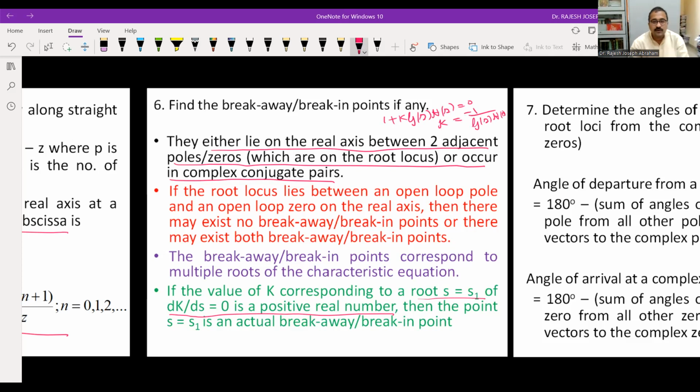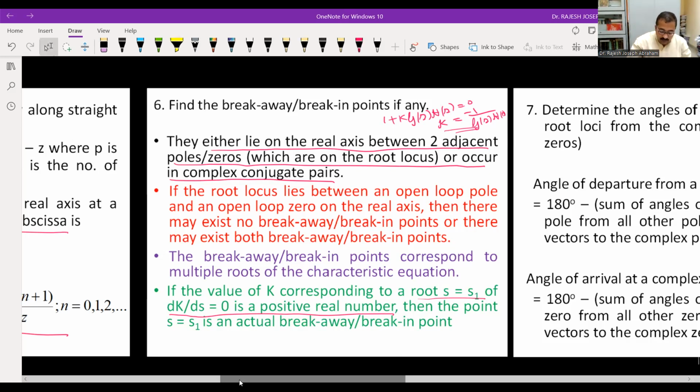Differentiate that with respect to s, and put dk by ds equal to 0 to get candidate points. To determine whether those candidate points are actually breakaway points, substitute them back into the k equation. If k is a real positive number, then S1 is a breakaway point. Otherwise, S1 is not a breakaway point. Then we need to find the angle of departure.